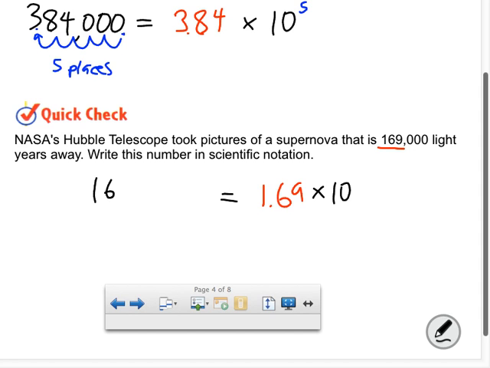So we start out with 169 thousandths. And you're saying 10 to the what power, excuse me? Power of 5. Do you guys agree with them? Is it to the power of 5? So the number in standard form, here's the decimal. If we move it 1, 2, 3, 4, 5 places, that means my exponent is 10 to the 5th power. Okay, questions about what we've seen so far?